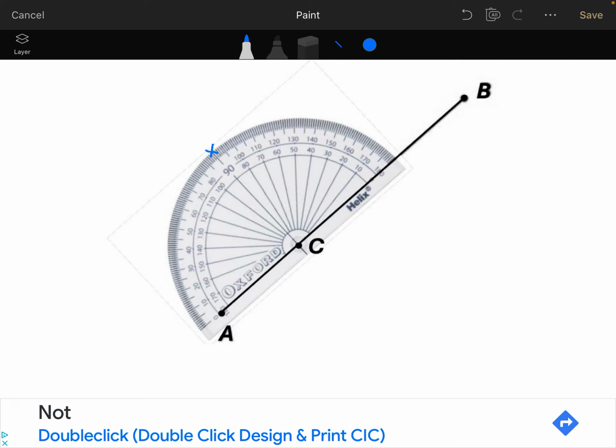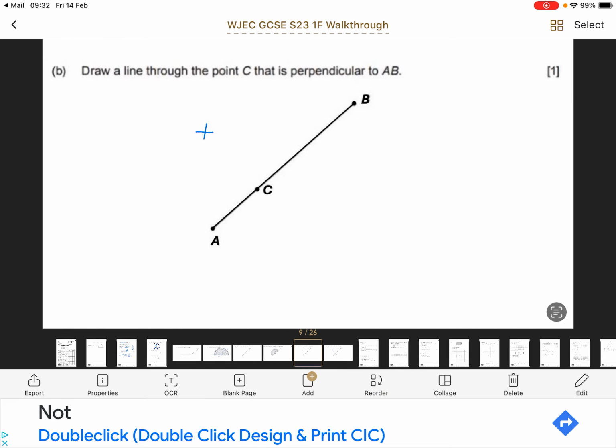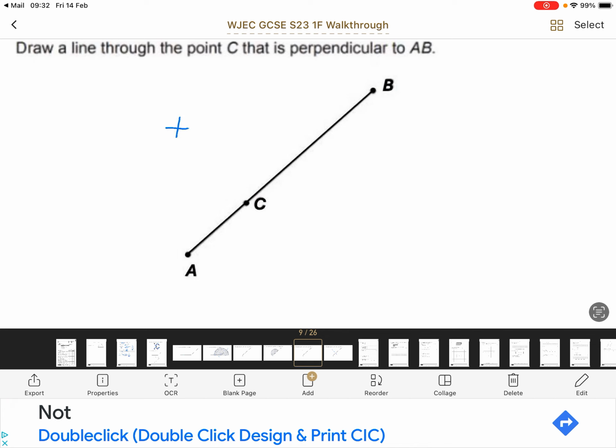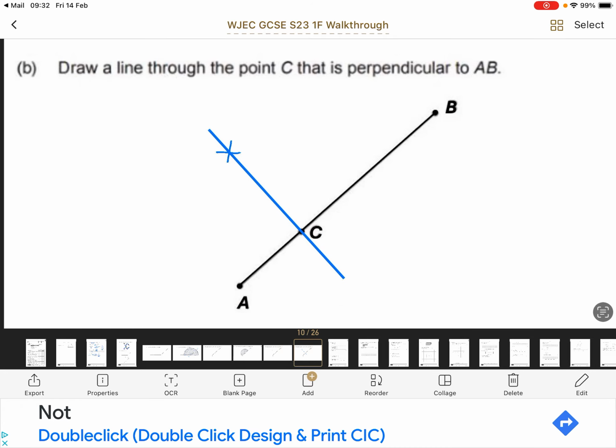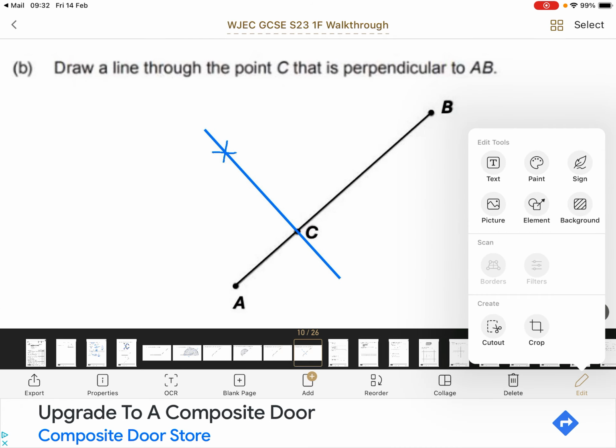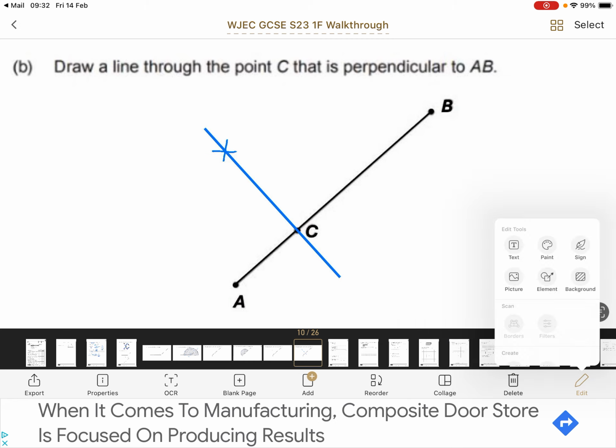Okay. And then I'm going to have to remove my protractor. I've got my mark there, and I'm going to draw a line from C to where I've marked the X. So there, I've done that, and now this line is perpendicular to AB, perpendicular meaning 90 degrees.